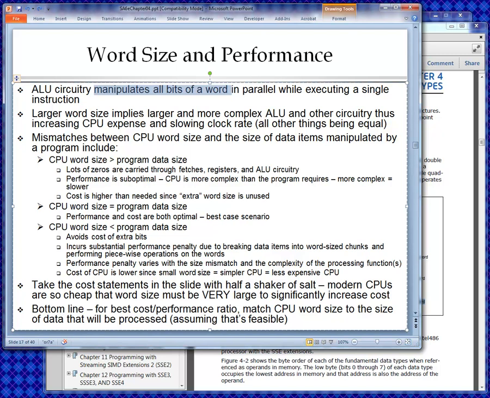So, larger word size implies that the ALU is bigger and more complicated, because there's more of these parallel processing circuits. That increases CPU size and complexity. It increases its expense, and all other things being equal, it lowers clock rate.